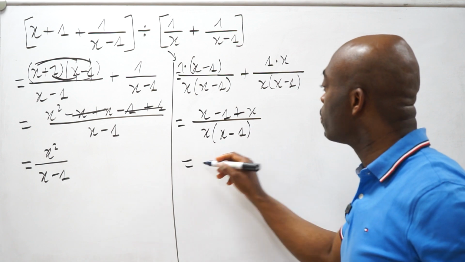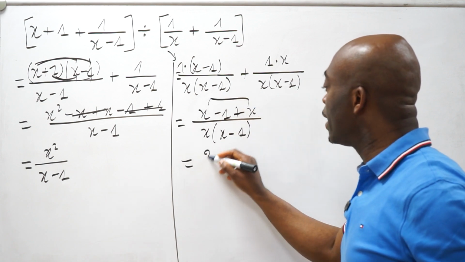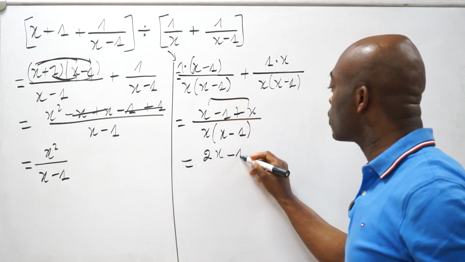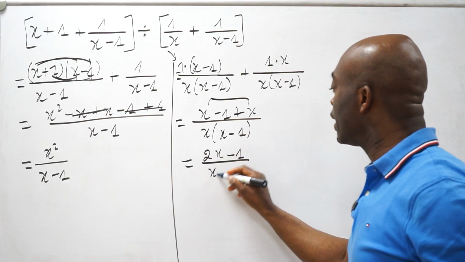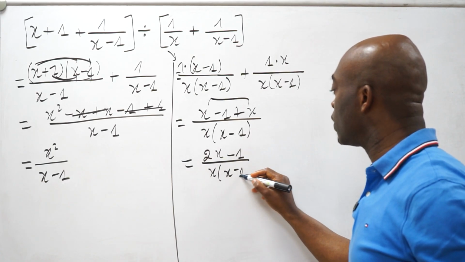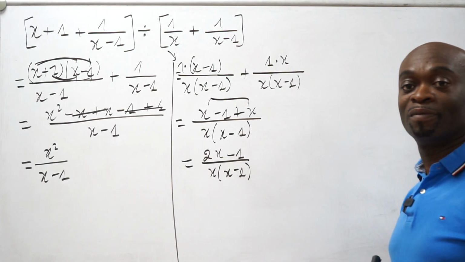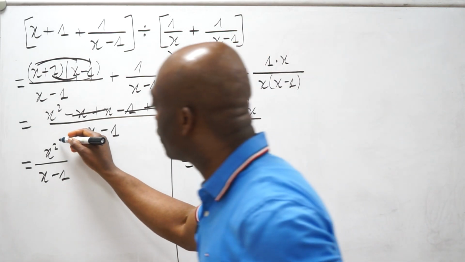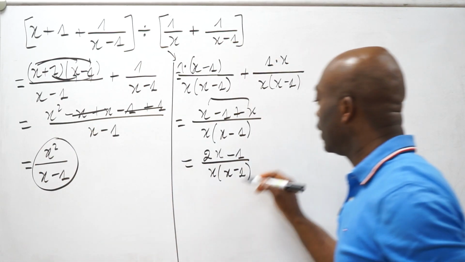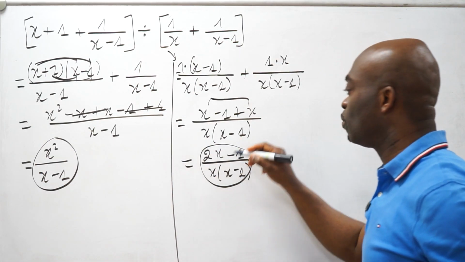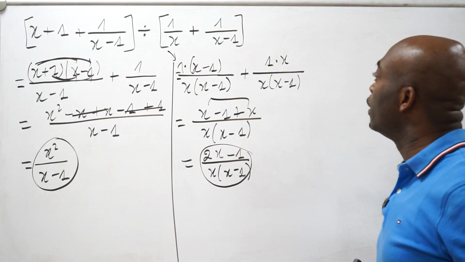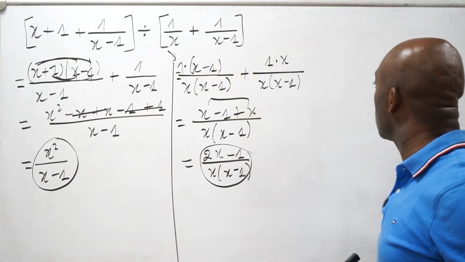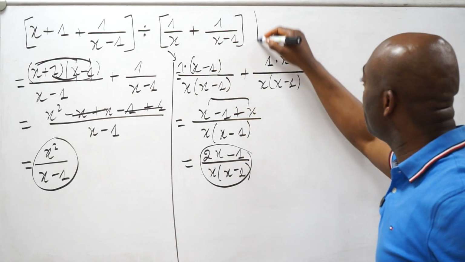When we combine like terms, we get (2x - 1) over x times (x - 1). Are we good? So that's what we have for the first one, and this is what we have for the second one. And then we have to divide them.